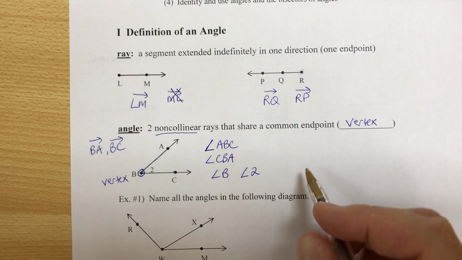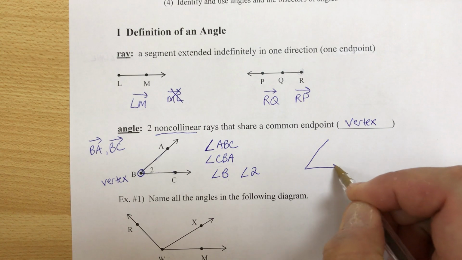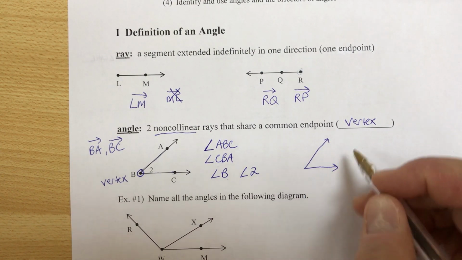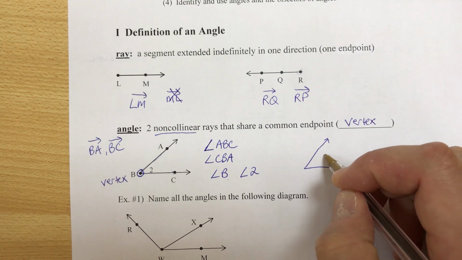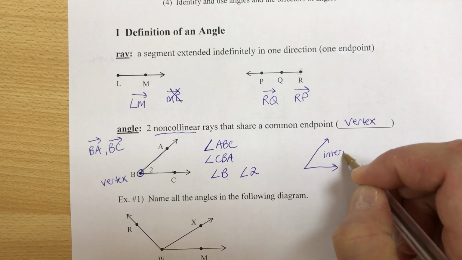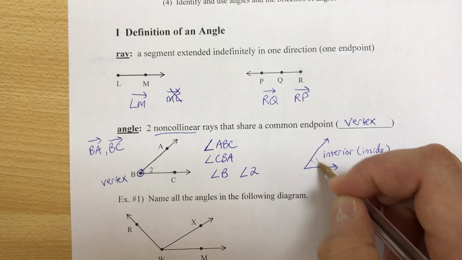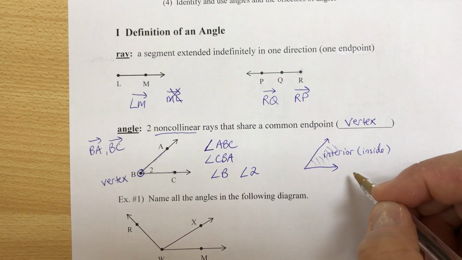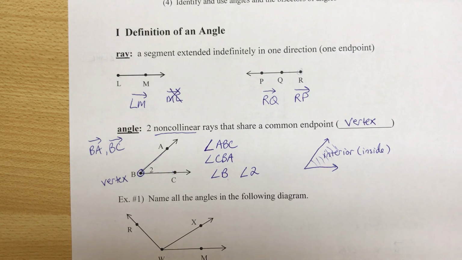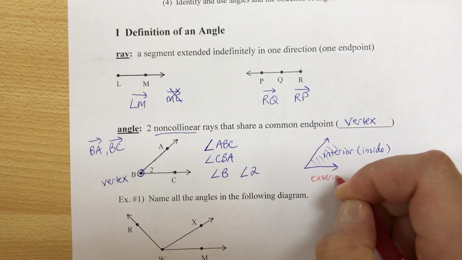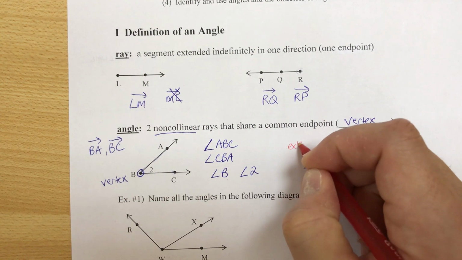Now the other thing that we'll draw here on the side: when you have an angle, there are 3 places that you could put a point. You could be in the interior, which is inside the angle, between the 2 rays. You could be in the exterior, which is like the outside.